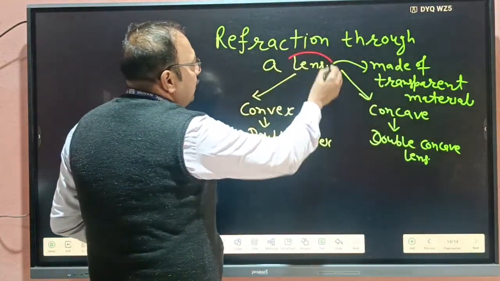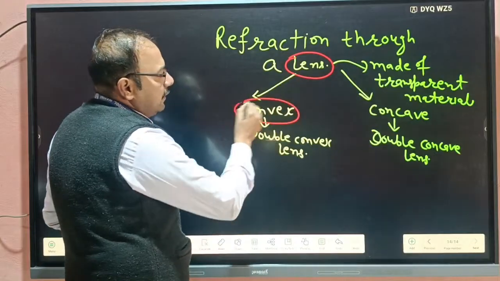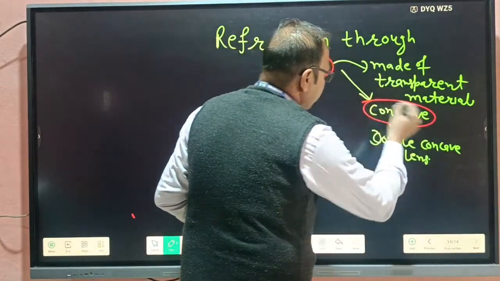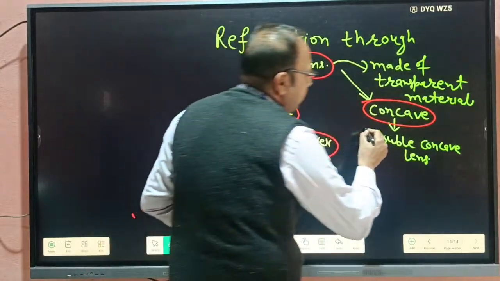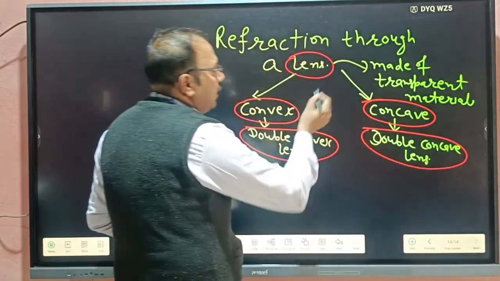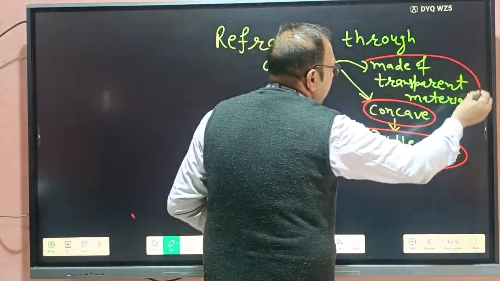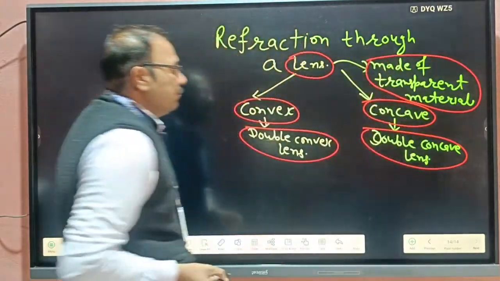So basically, what is a lens? Two types, convex and concave, and these are called the double convex lens and the double concave lens, and they are made of transparent materials.